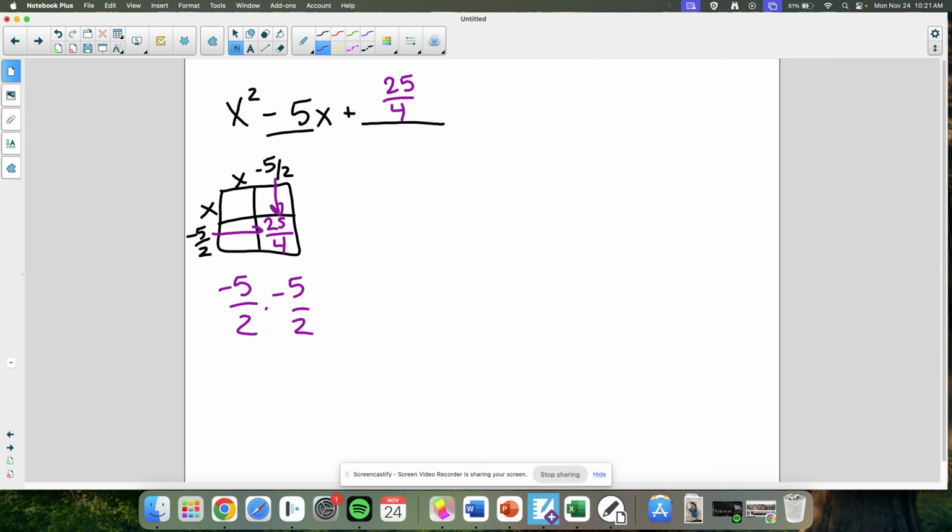What do we have on the side of our square? What's inside our parentheses? How many of these x minus 5 halves do we have? 2. So the idea of completing the square, we are picking this number so that we can then factor it really nicely. Tomorrow we will actually kind of figure it out.